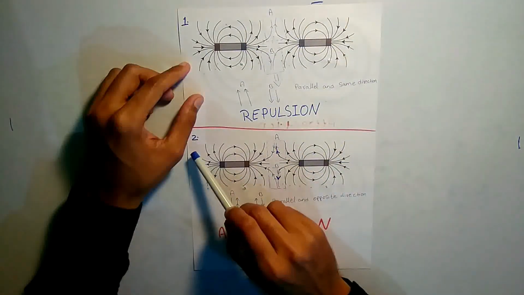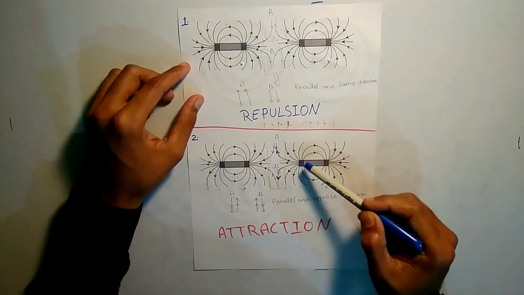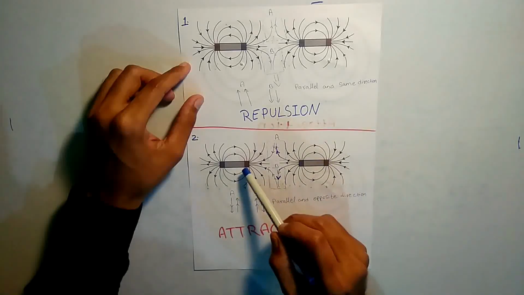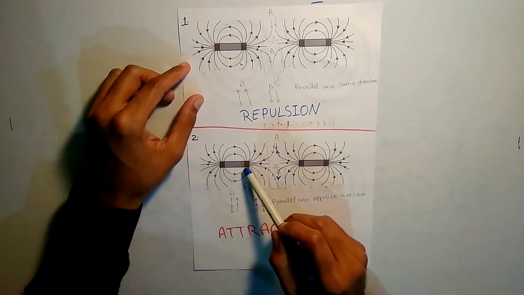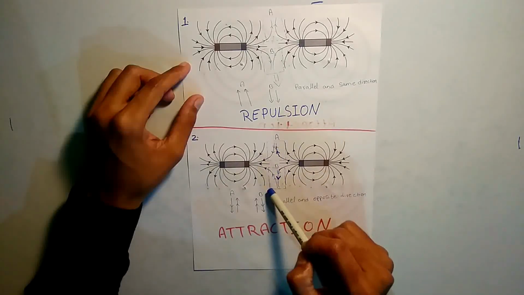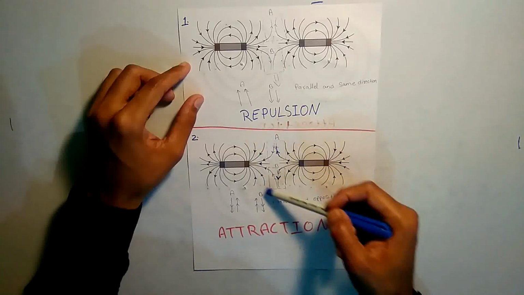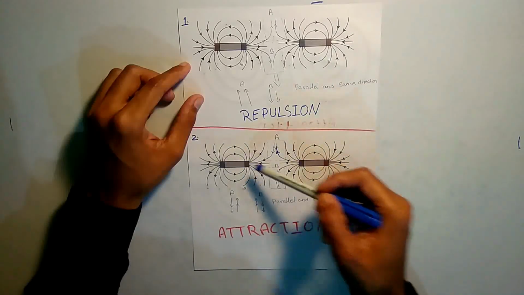Now, consider image 2. Here I have two magnets. The north pole of one magnet is facing the south pole of another magnet. Again, if we consider the section A and section B of their magnetic field lines, this is the interaction zone of these two field lines.